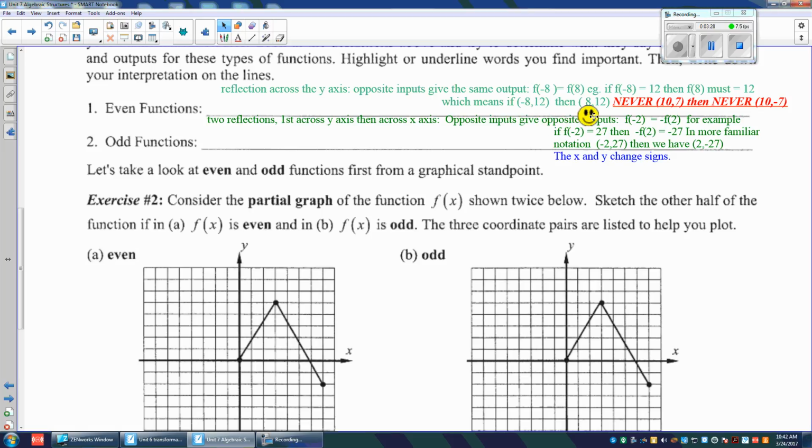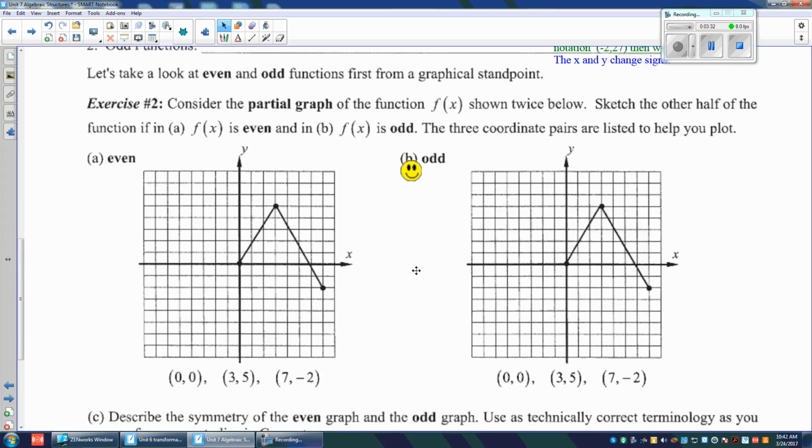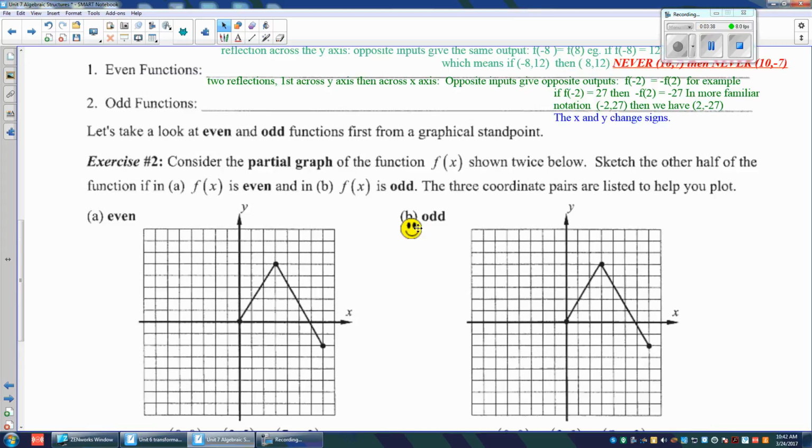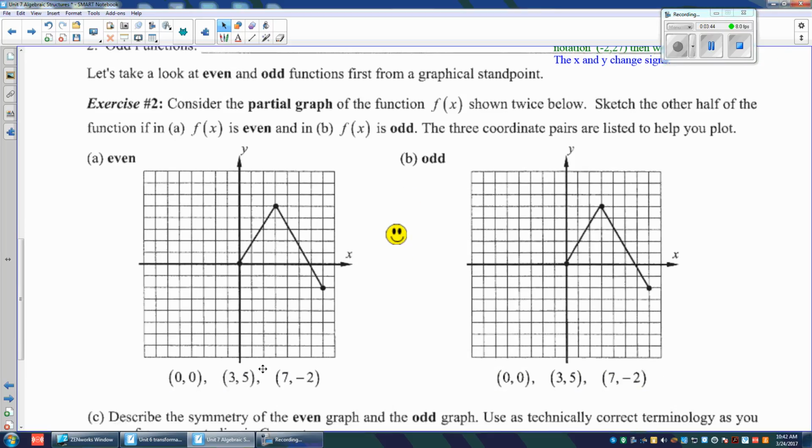Then we have positive 8, the output is 12. So let me see here. I have 3, the output is 5. That must mean I have to have negative 3. Remember, only x's are changing for even. I have to have negative 3, and the output is 5. Okay, I think I got it.